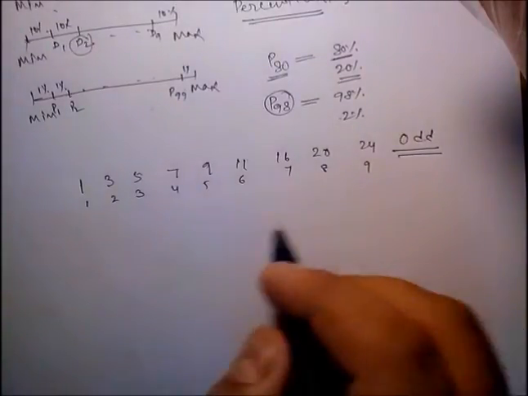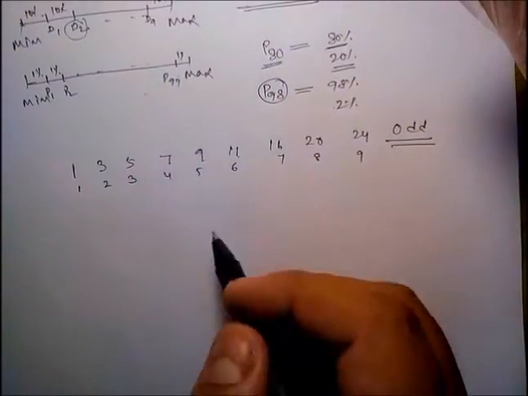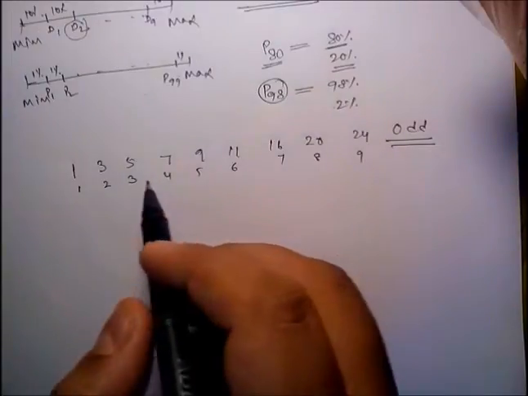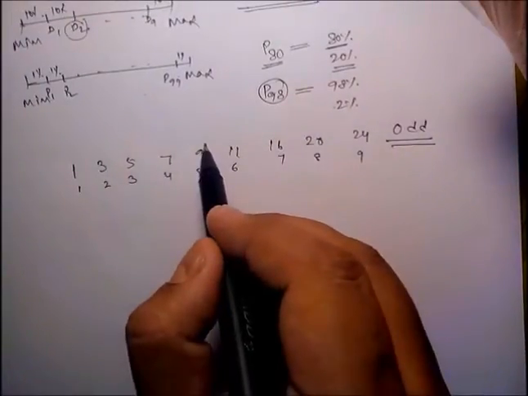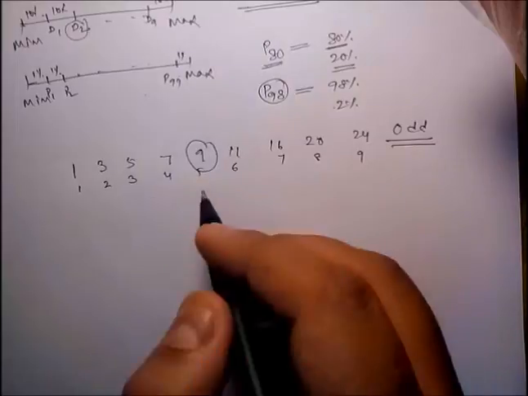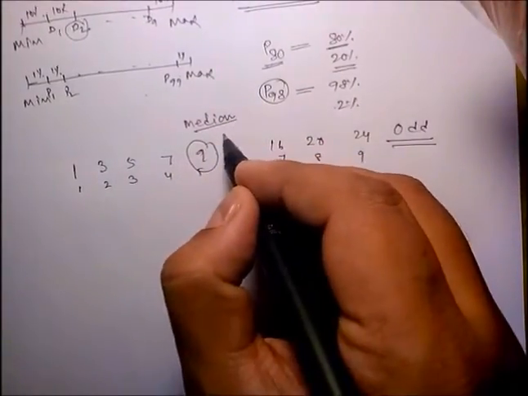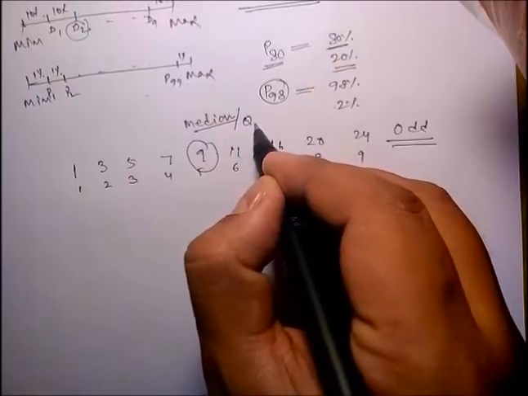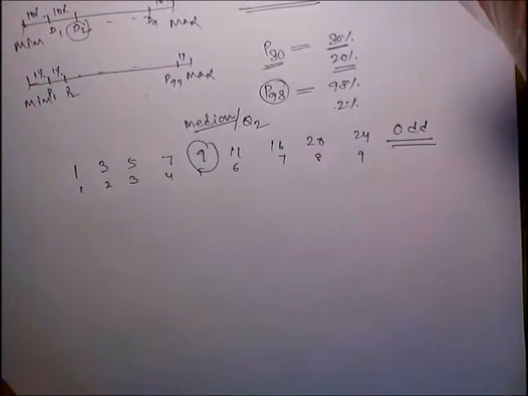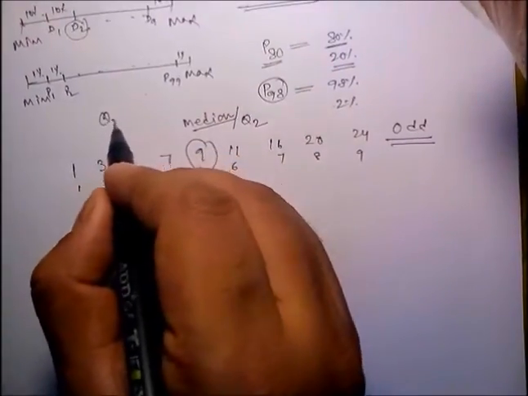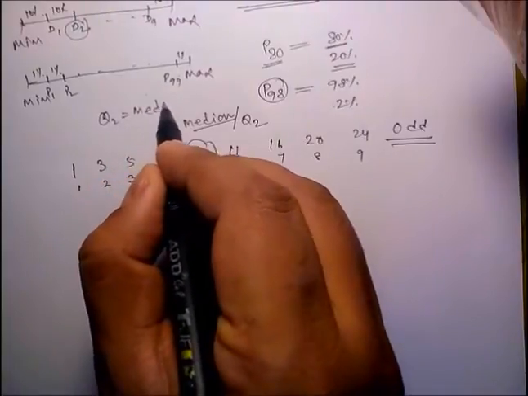Now to know the quartile values for an odd number of data, the middle value, 9, is nothing but the median, or the Q2 value. So Q2 is nothing but our median value.